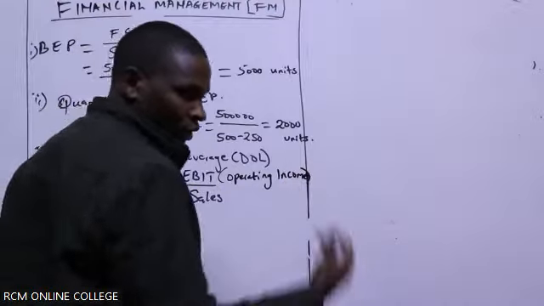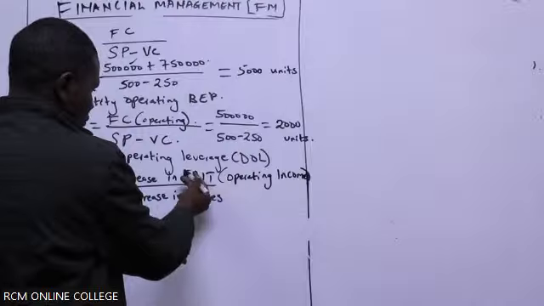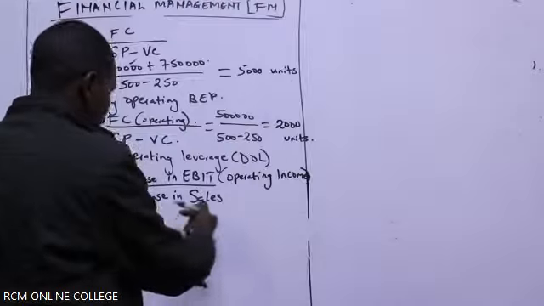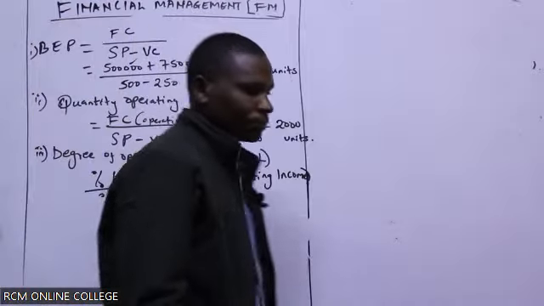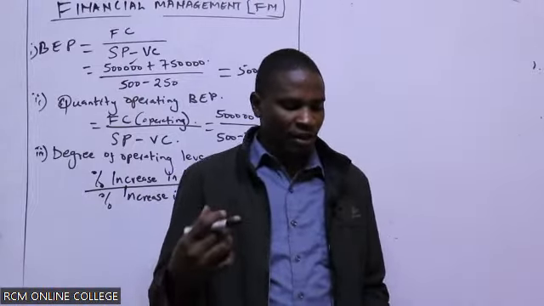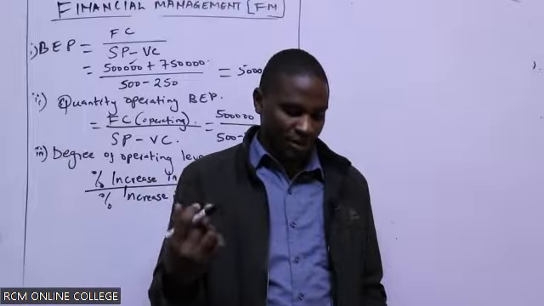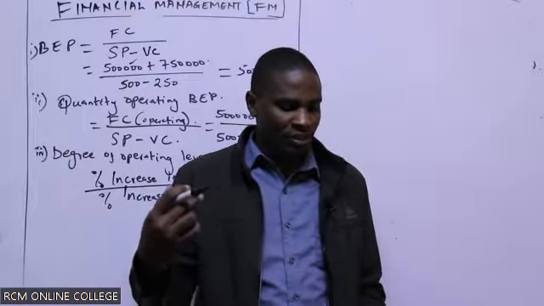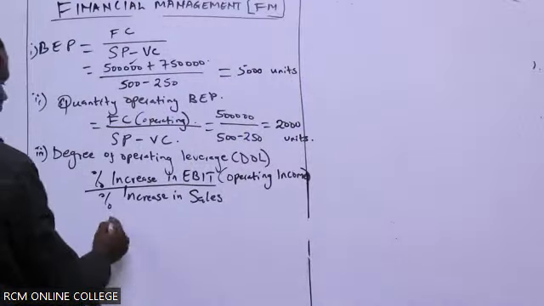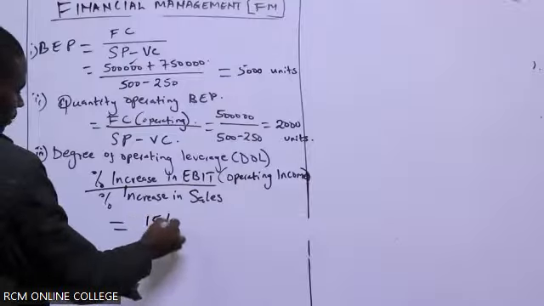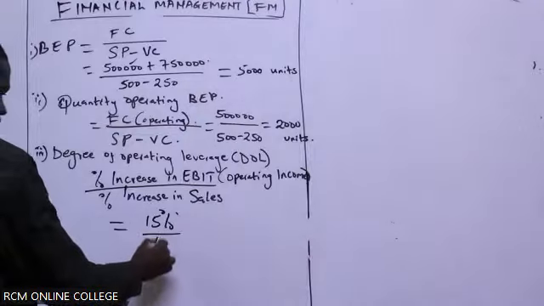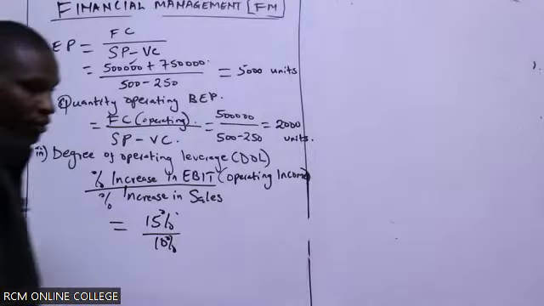So I want you to note that we shall be using EBIT, and then the percentage increase in sales. The analysis reveals that if the firm's sales increase by 10%, the firm's earning before interest and tax, EBIT, increases by 15%. So you take the percentages given: 15% divided by 10%, and you are done.